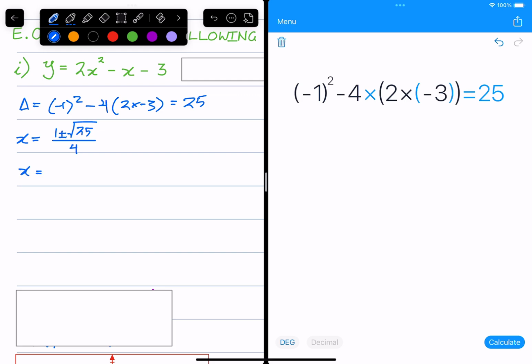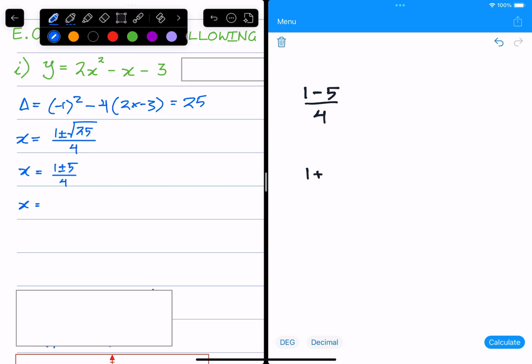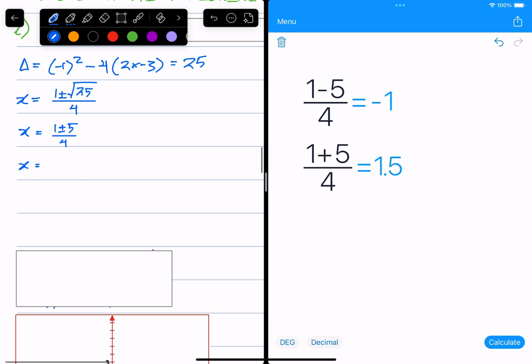So we get x equals 1 plus minus 5 on 4, which when we solve this, we get 1 minus 5 on 4 and 1 plus 5 on 4. We get two nice decimal roots or rational roots. We get negative 1 and 1.5, which as x-coordinates, we get (negative 1, 0) and (1.5, 0).